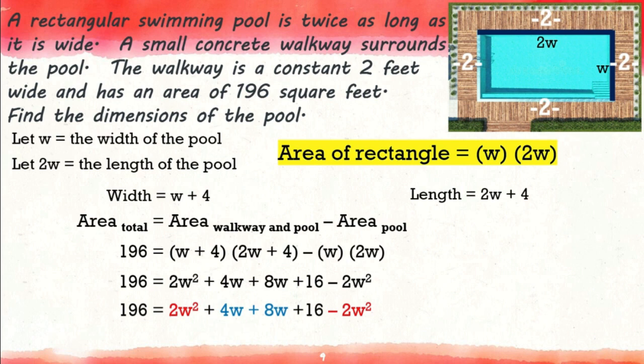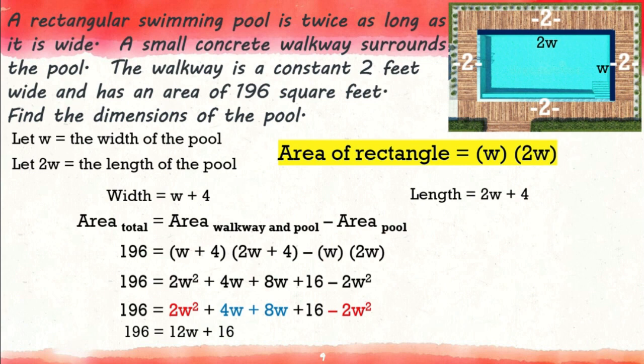So we will cancel 2W squared because they have different signs. And then 4W and 8W add, copy 16. So we will have 196 equals 12W plus 16.